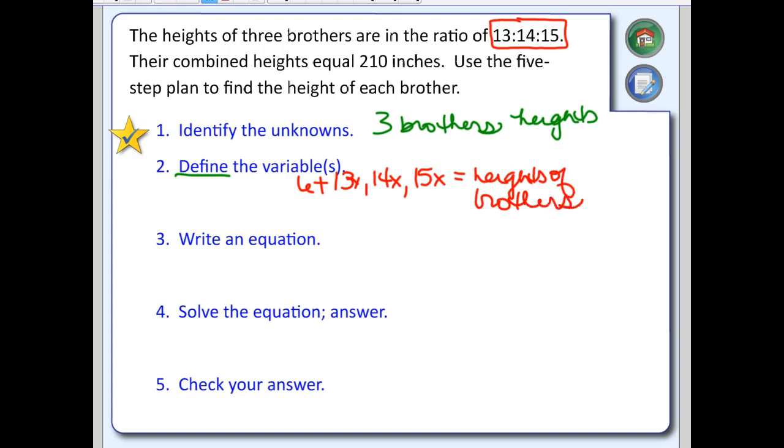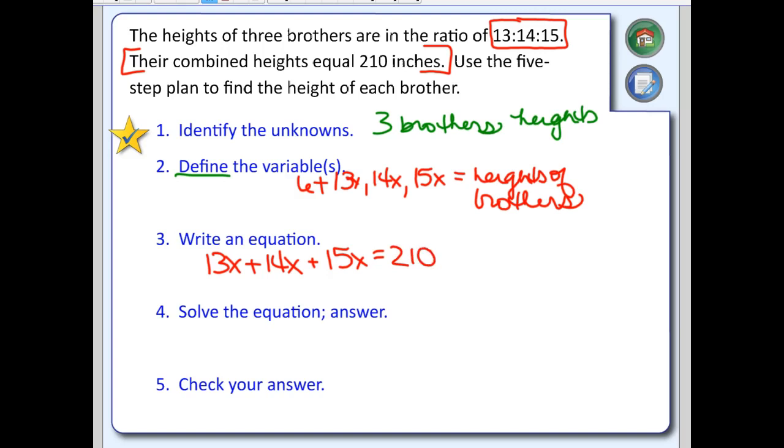And so now we're going to use those 3 let statements in the equation. What's the other important piece of information we need? Yeah, did you see their combined heights equal 210 inches? So we've got 13x, the first brother, plus 14x, the second brother, plus 15x, the third brother, and their combined heights equals 210 inches.